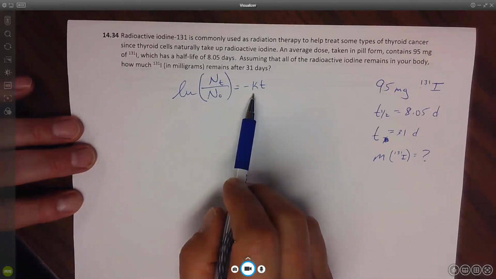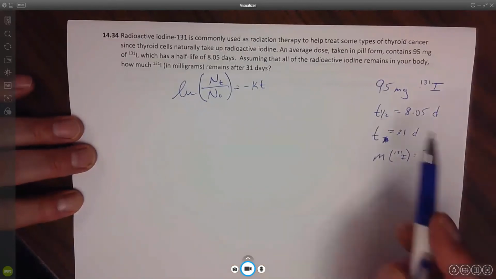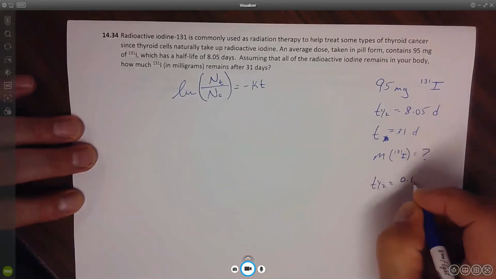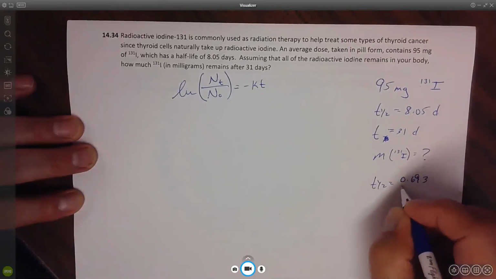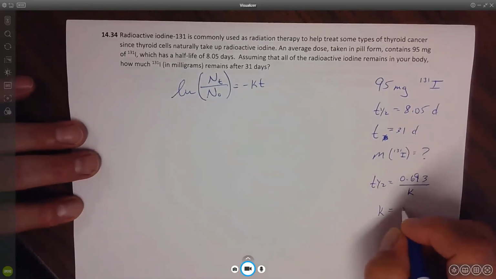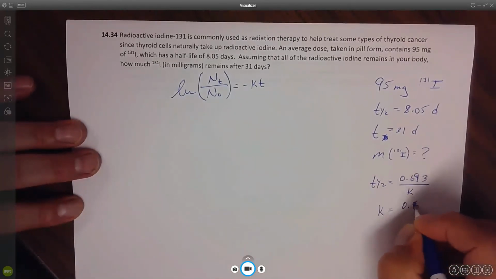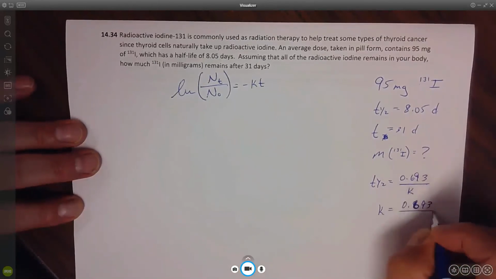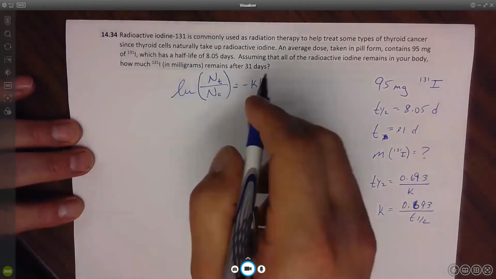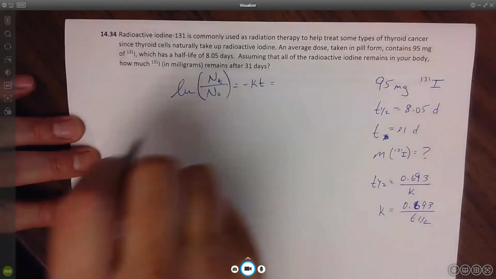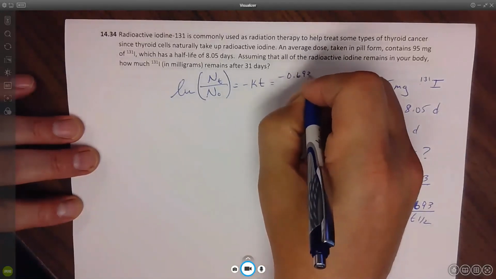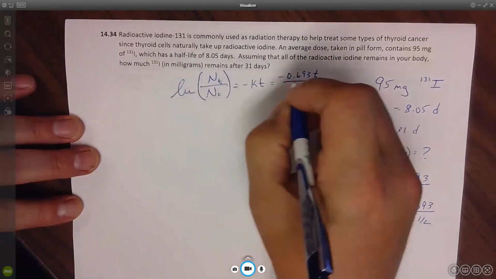Now, again, for radioactive processes, they don't give us k, so how can we get k? You can derive it from the half-life formula. Yeah, right. We know that the half-life for a first order equation is just equal to 0.693 over k. So therefore, k is going to be equal to 0.693 divided by the half-life. So I could rewrite this and say that this is negative 0.693 t over our half-life.